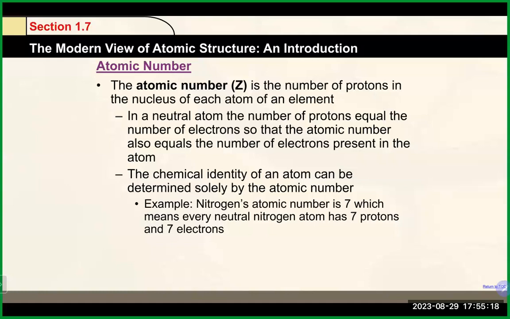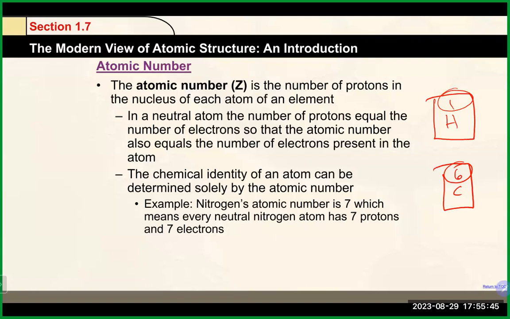The chemical identity can be determined by the atomic number. If we go to the periodic table, we will find the atomic number sitting right there. Typically, that is the number up on top of the element on the periodic table. If you look at all the numbers up there on top, you will see that no number repeats.